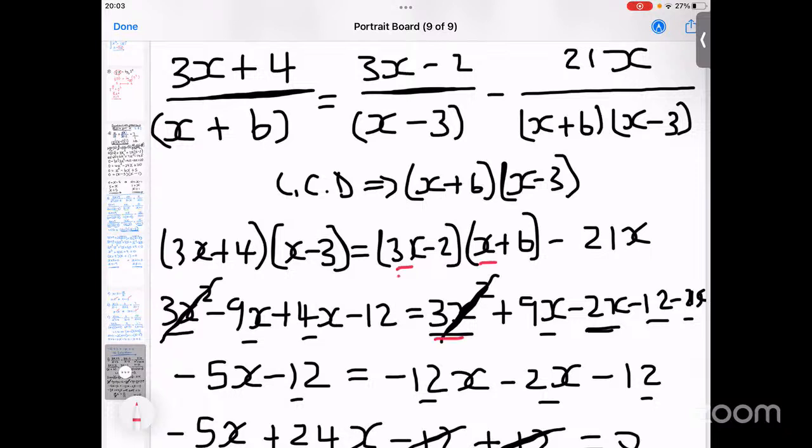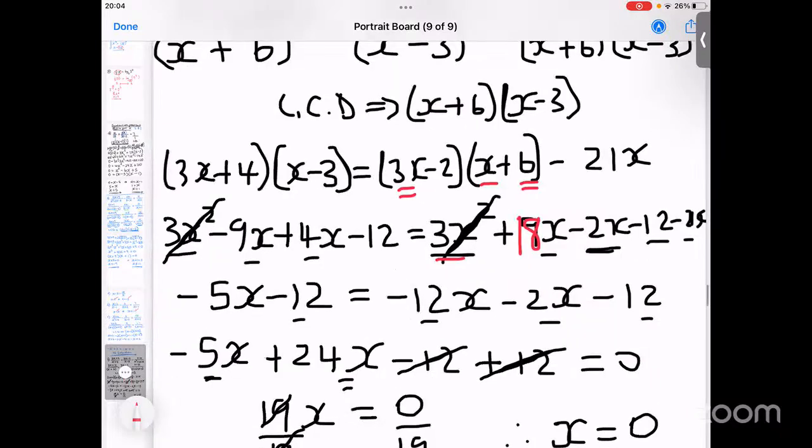Where did I get 9? Yes, it was supposed to give you positive 18x. Okay, and then anything else is fine? Yes, sir. Obviously it will be affected.